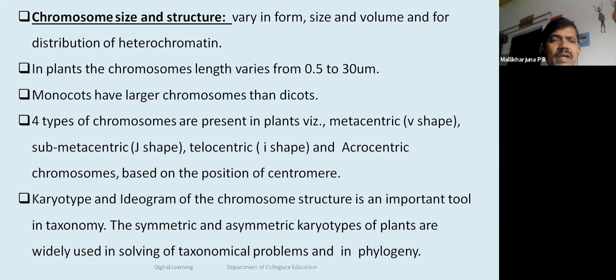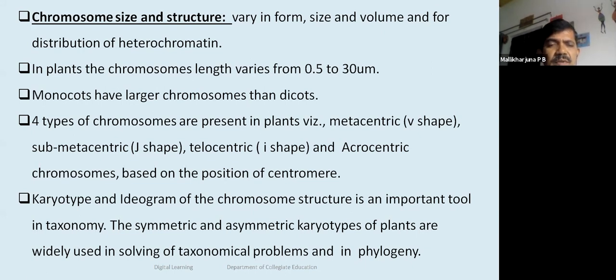If you look at onion root tip cells or any mitotic cells, generally four types of chromosomes are present in plants, namely metacentric, submetacentric, telocentric, and acrocentric chromosomes, based on the position of the centromere.